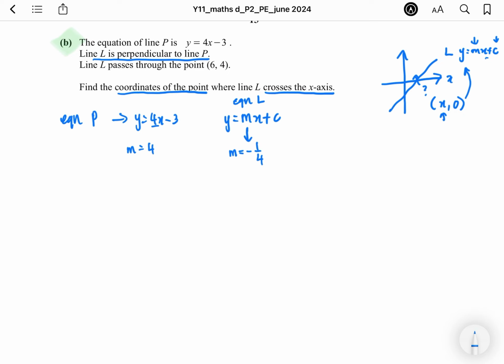So next we want to find C. We can find C by substituting M and then substituting 6, 4, where 6 is your x value, 4 is your y value, into the equation.